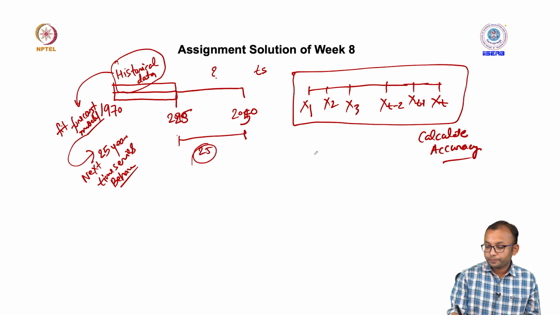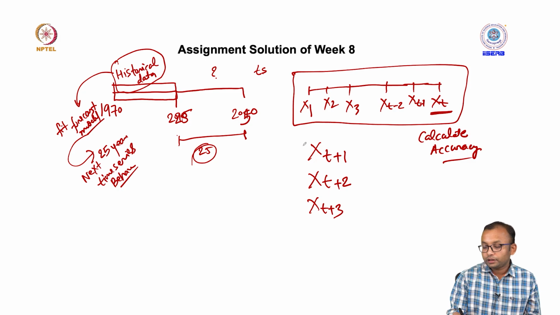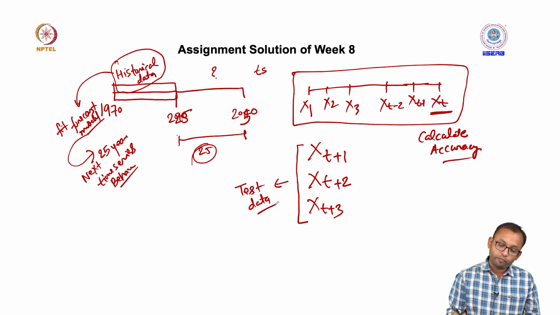How do we do that? Let us say you have the data set till here and you want to forecast t plus 1, then t plus 2, t plus 3. Let us say you kept these numbers not revealed, or this is the test data for the forecast model.